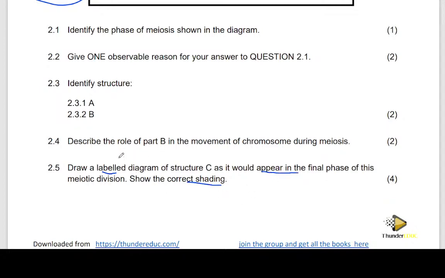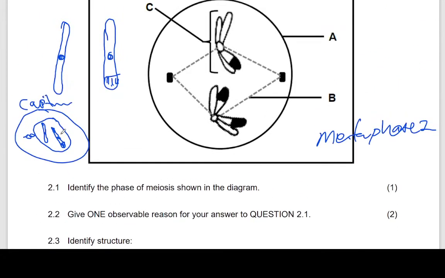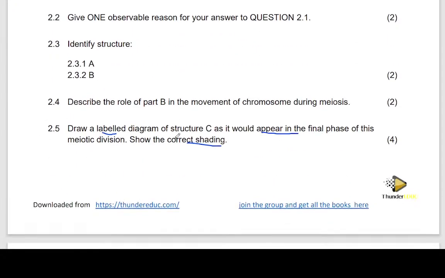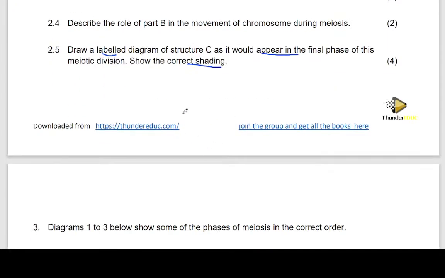Final stage: we need to know that the final stage you have given is telophase 2. So it's a mark. Drawing the correct phase is a mark. Drawing the shape of the chromosome single is a mark. That's appearance. And then drawing correct shading, and the number is a mark, and then the caption. So you see how marks are being split. If you just draw, you'll end up losing marks.